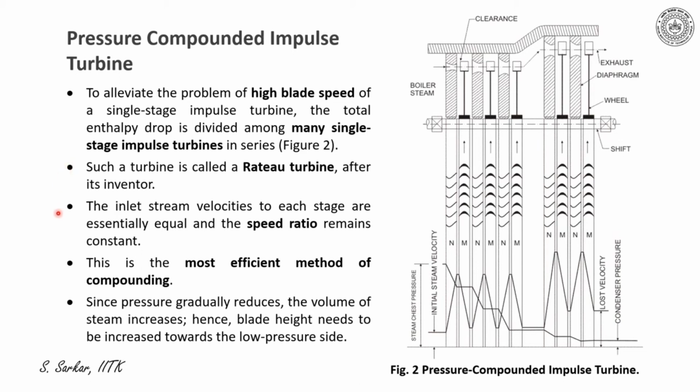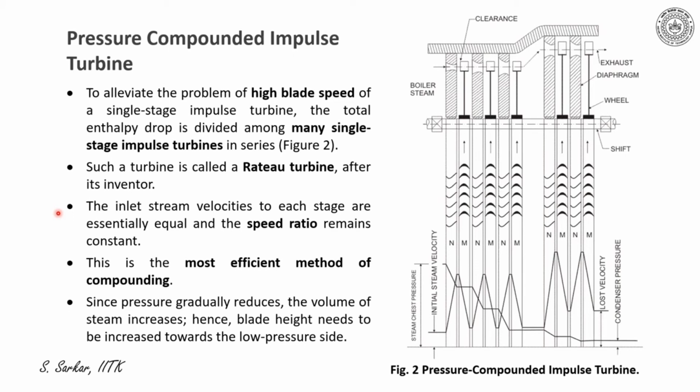Furthermore, please note the important point that the inlet steam velocities to each stage are almost equal, and the speed ratio remains constant as the enthalpy drop in each stage is almost the same.